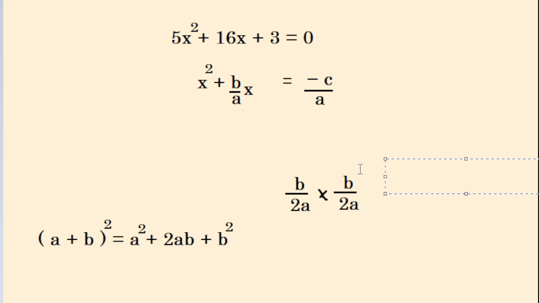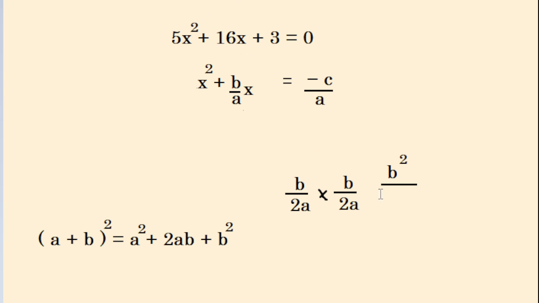So it's just b times b, which is b squared. And 2a times 2a is... You also just multiply numbers with numbers and letters with letters. 2 times 2 is 4.